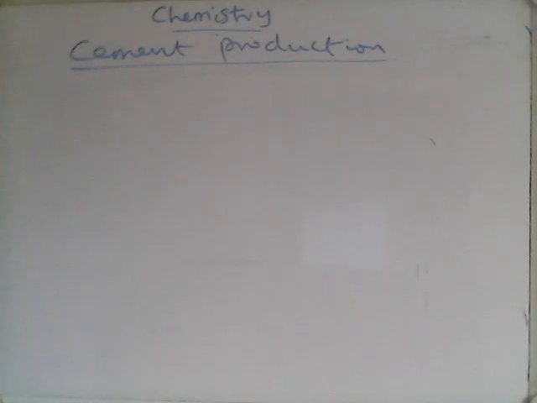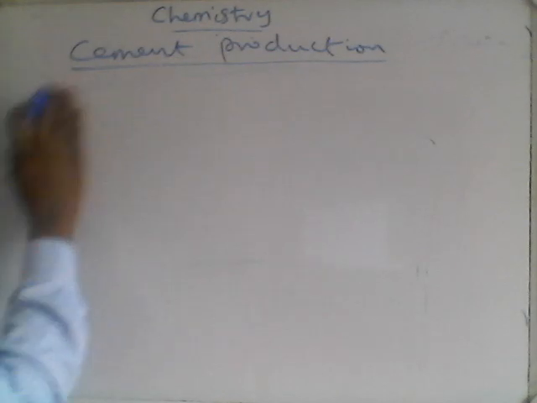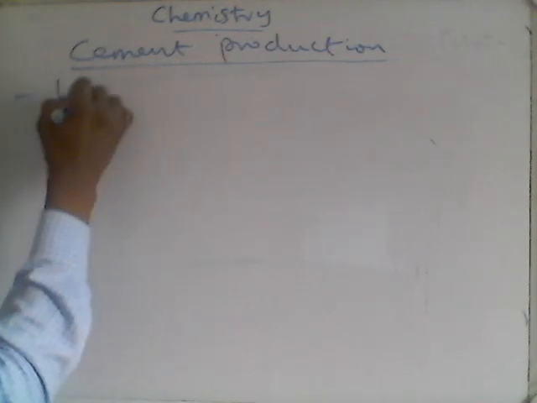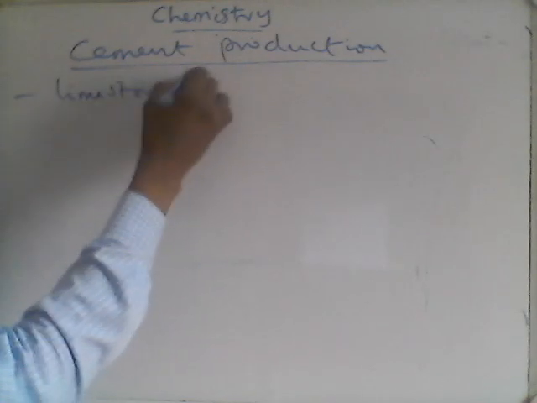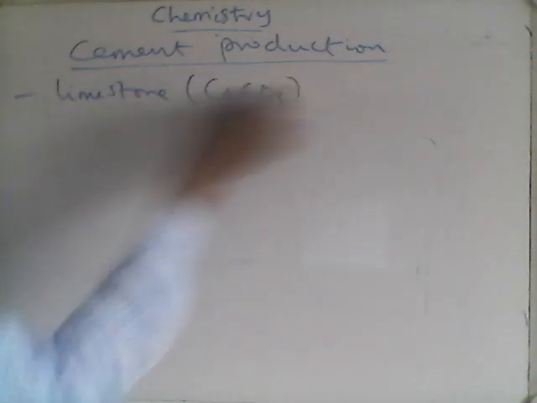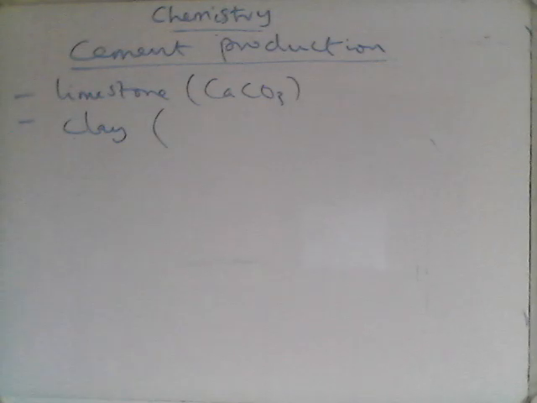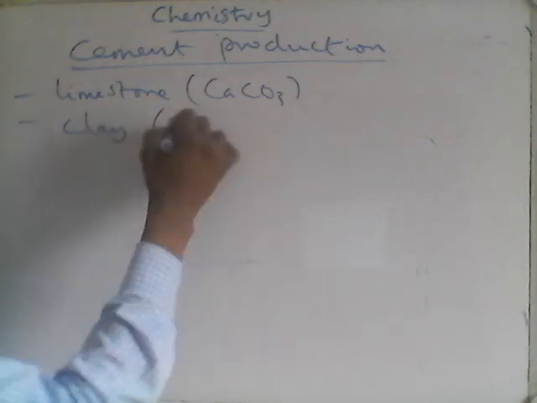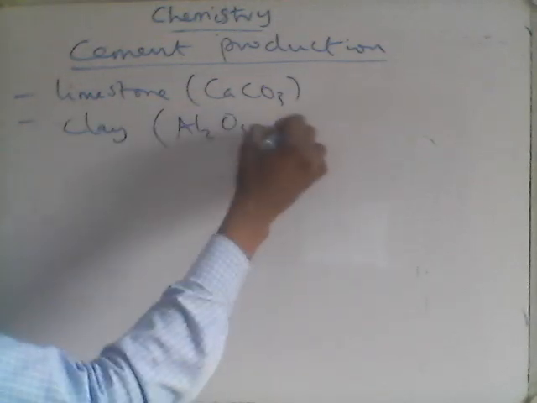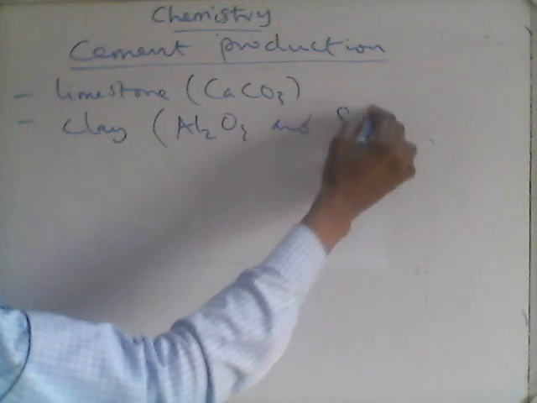So, cement production. The raw materials we need here are limestone and clay. Clay has in it aluminium oxides and silica.